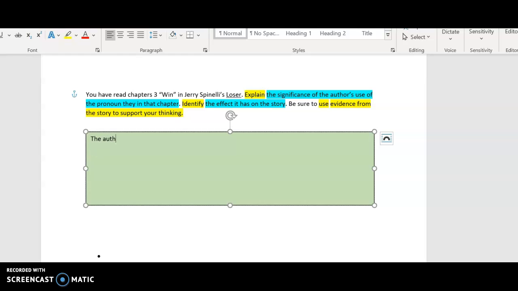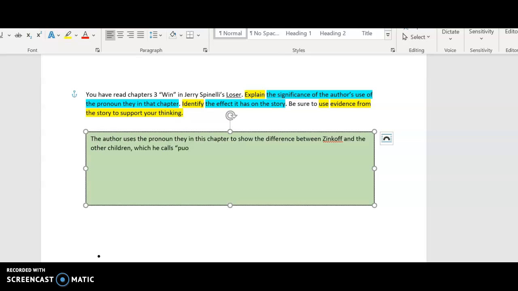The author uses the pronoun, it would help if I spelled it right, pronoun "they" in this chapter to show the difference between Zinkoff and the other children, comma, which he calls "pups."